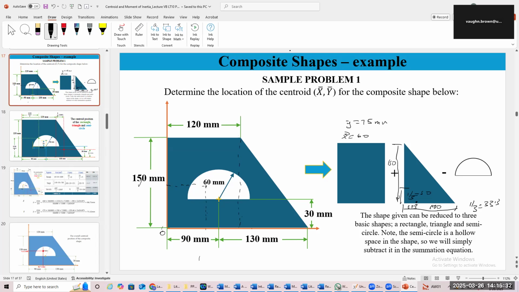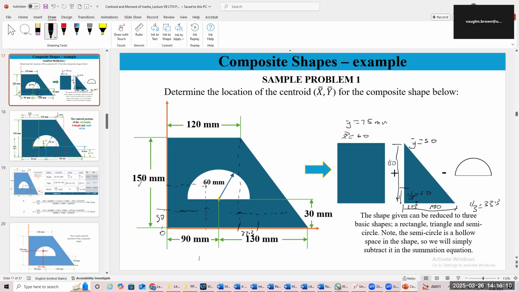So from O, for this one, our y bar is 50. The 1/3 point would be somewhere up here. If this is 33 and a third, we add it to 120 to get the distance of x.